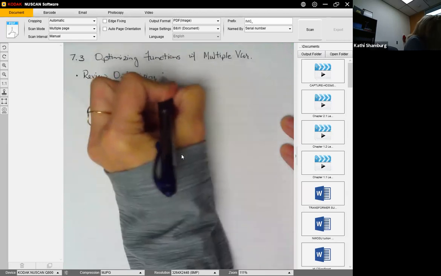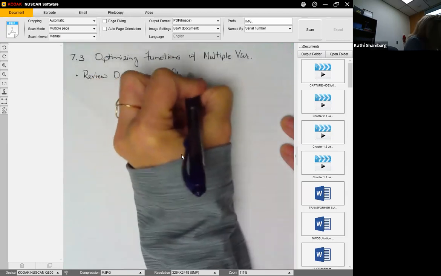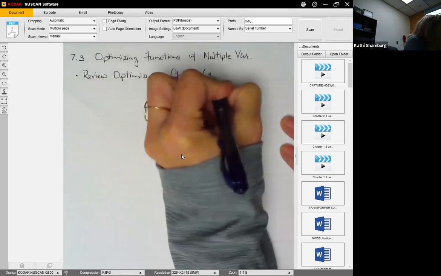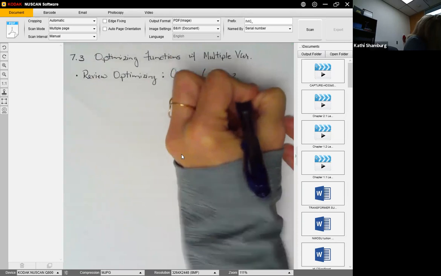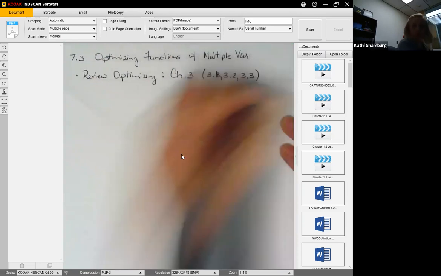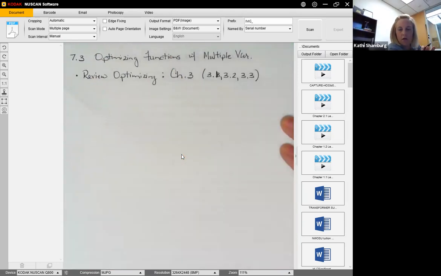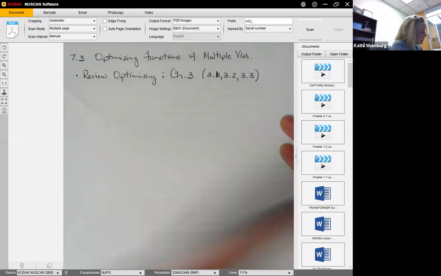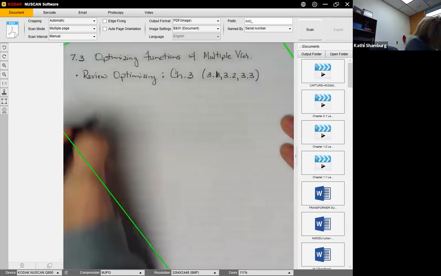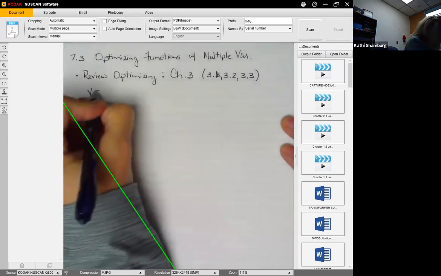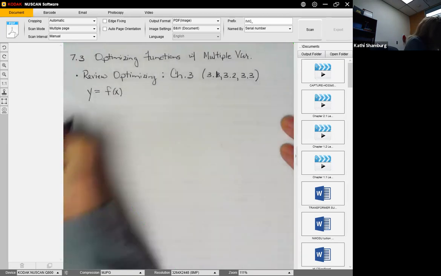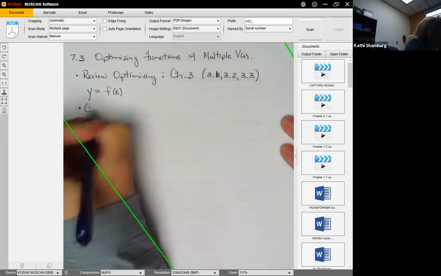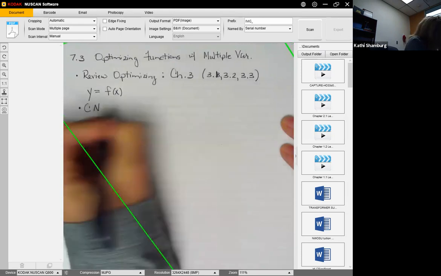And we did this back in chapter 3 in 3.1, 3.2, and 3.3. So there's going to be some overlap on that of things that are familiar to us. So if you recall, we have a function y equals f of x. The first thing that we did was we found the critical numbers.